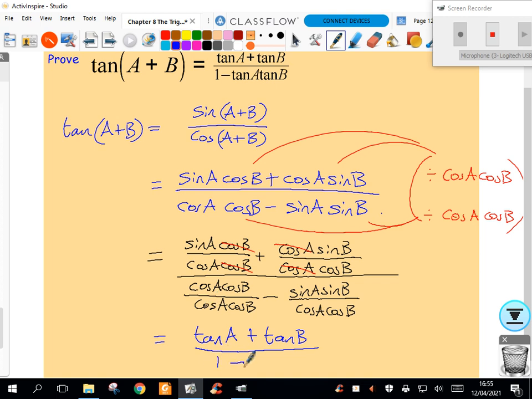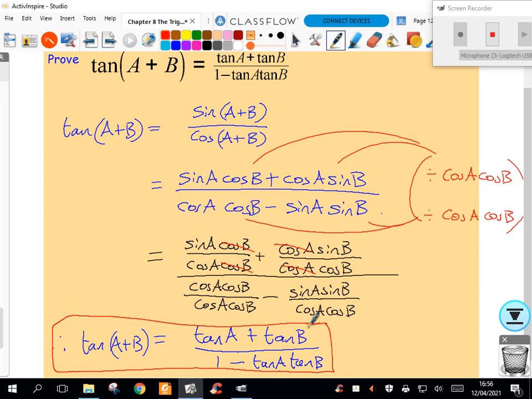And then we have subtract, well, sine A over cosine A is tan A, times sine B over cosine B, that's tan B. So we've got tan of A plus B is equal to that. And that is the proof of identity number 9.